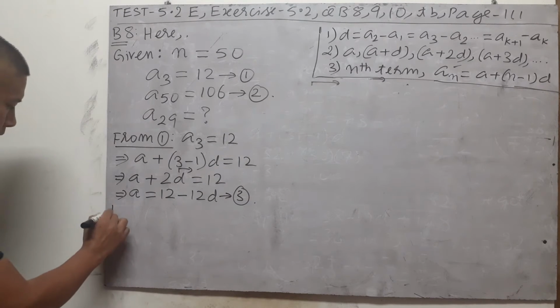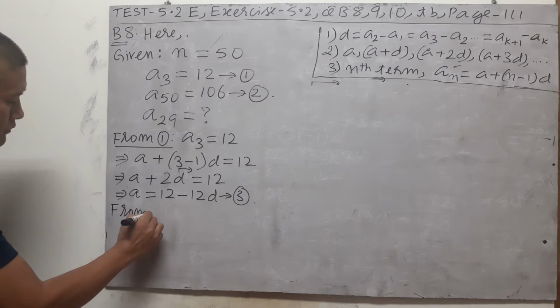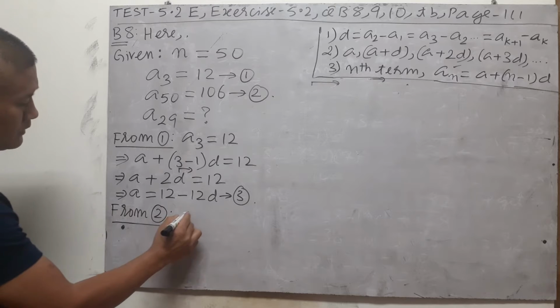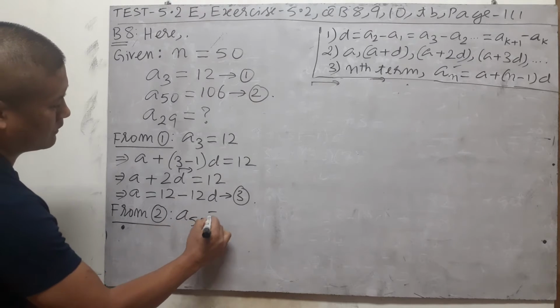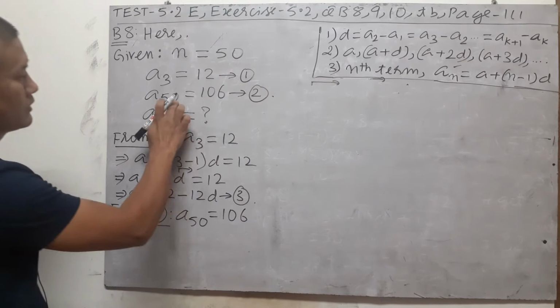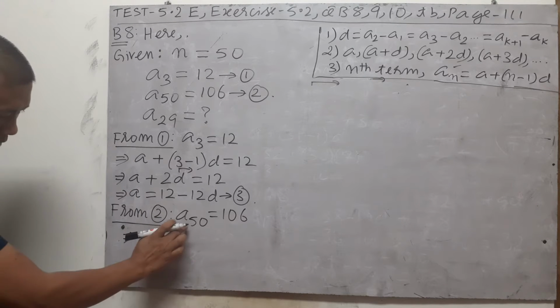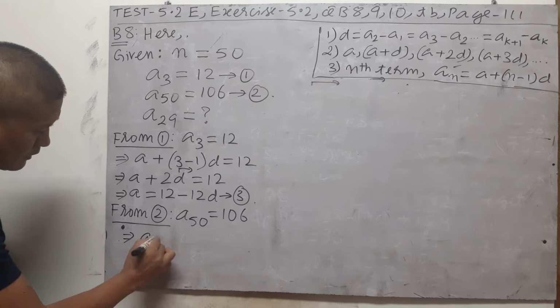Okay, so similarly, let's do the same thing for equation number 2. We have here A50 is equal to 106, as you can see here. So doing the same thing that we did through these steps, let's do it for A50 as well.